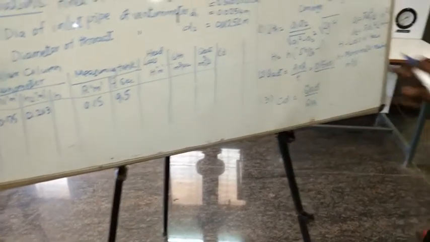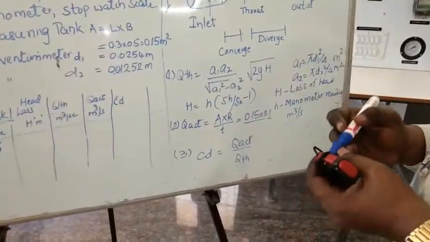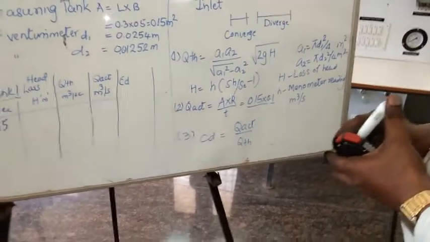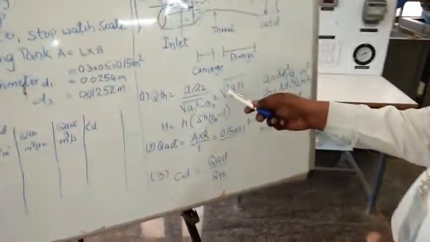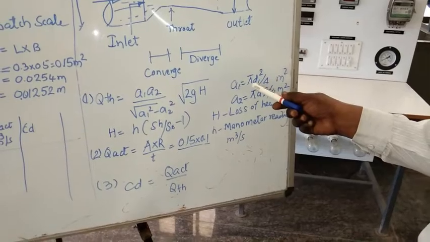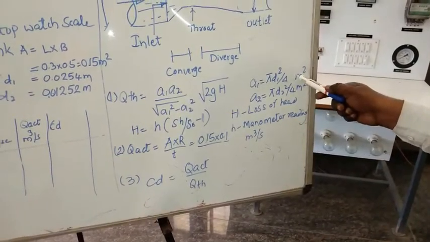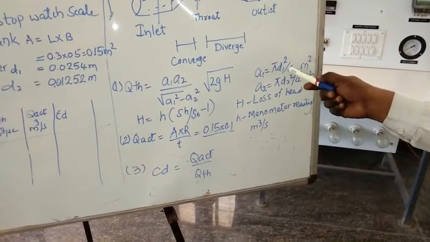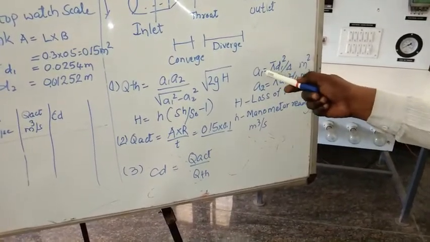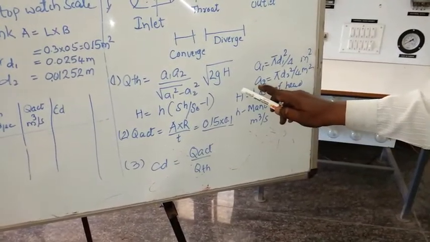The Q theoretical is given by A1 into A2 divided by root of A1 square minus A2 square, into root 2gh, where A1 is the area of the inlet pipe, that is pi d1 square by 4. Convert that into meters and you will get the area A1 in meter square.